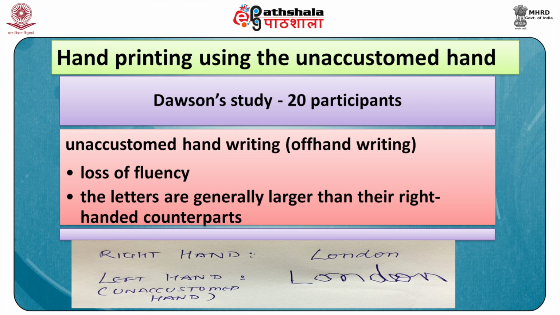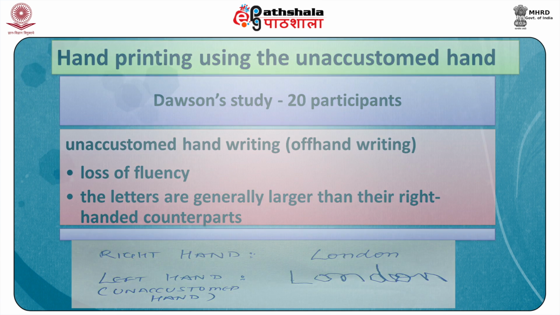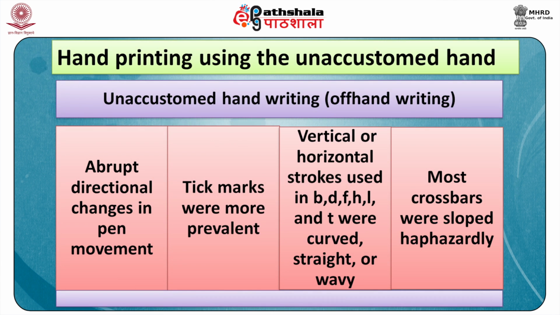Other characteristics observed in this study include the following: rounded portions of letters such as A, D, and G were jagged and subject to abrupt directional changes in pen movement. Tick marks were more prevalent.